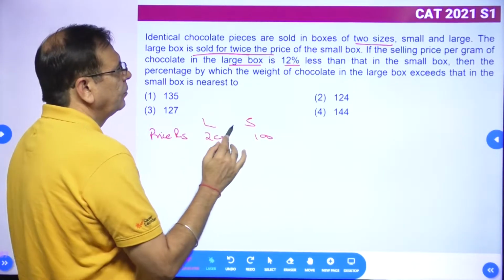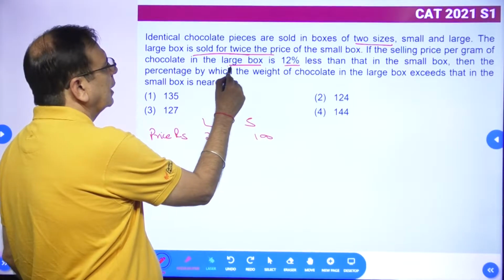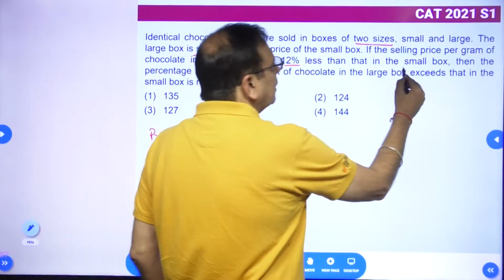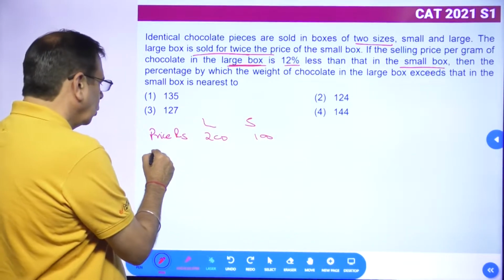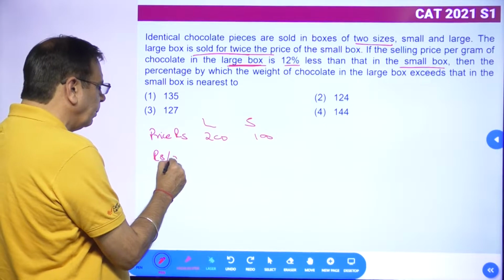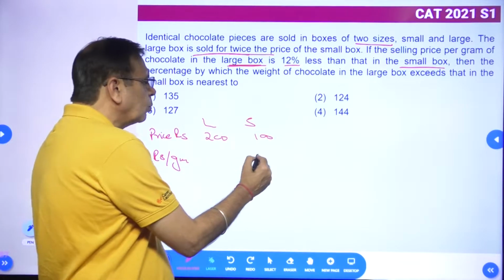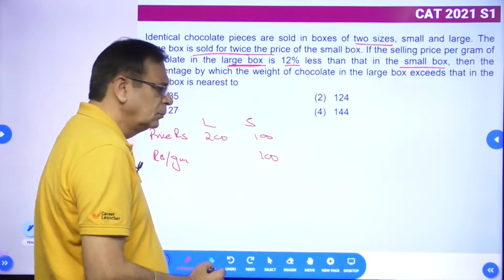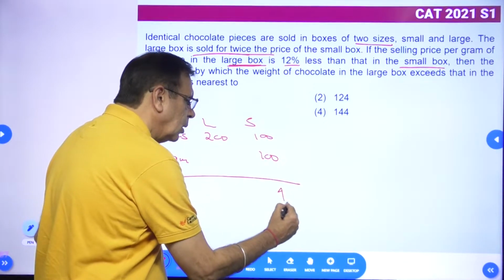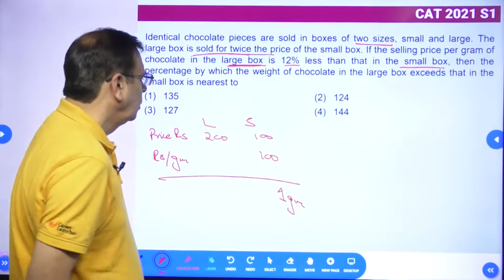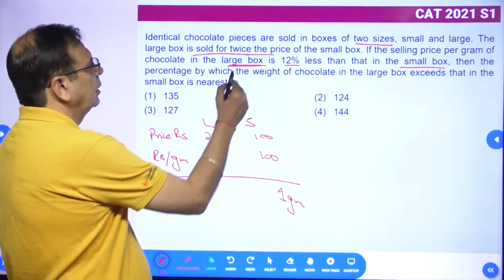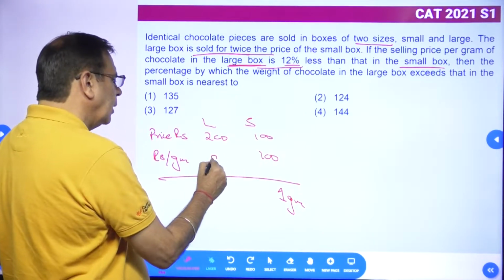Next, the selling price per gram in the large box is 12% lower than in the small box. So rupees per gram: let me assume the small box is 100 rupees per gram, which means the small box has only 1 gram. So what will it be for the large box? 12% less, so 88 rupees per gram.